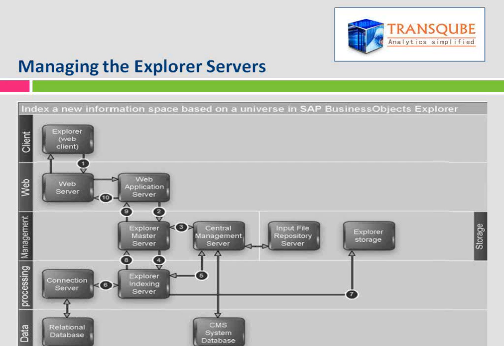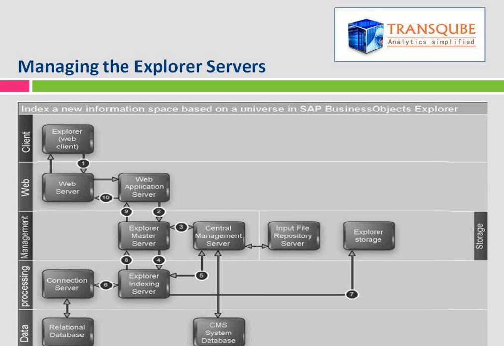It communicates back to the input FRS to pick up the corresponding metadata. That communication is sent back to the indexing service. The indexing service internally communicates to the connection server to pick up the underlying data. The connection server communicates to the RDBMS system to pick up the data. The picked up data is sent back to the Explorer indexing service.